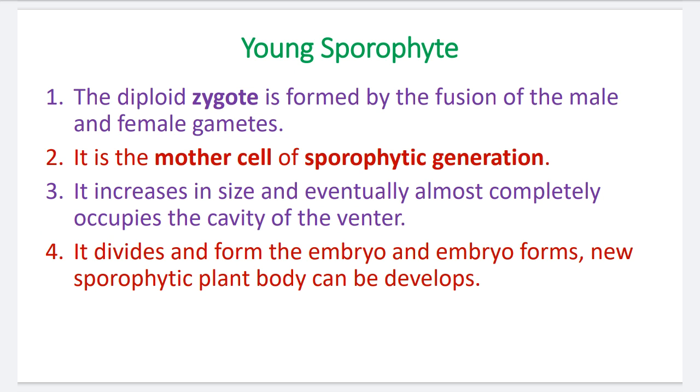Due to the mucilaginous substance, the sperms easily enter the archegonium, and the archegonium contains the egg, which is the female gamete, and the sperm contains the male nucleus. In this way, the male nucleus in the sperm and the female nucleus in the egg cell fuse, and a diploid zygote develops at the position of the archegonium.